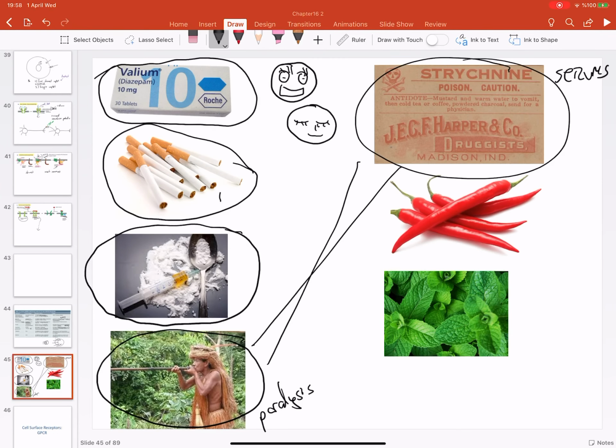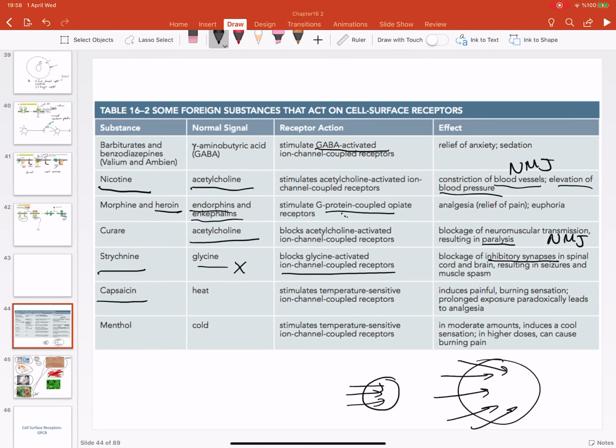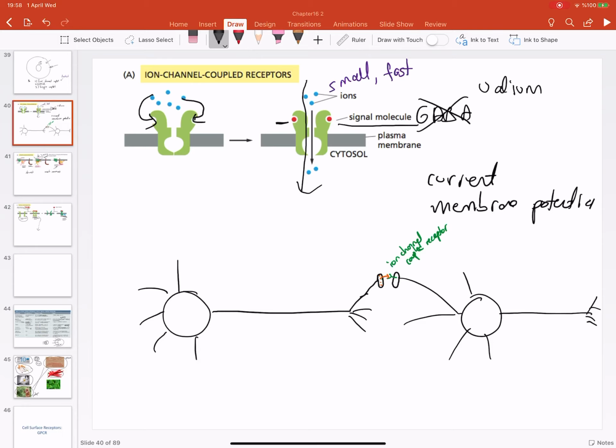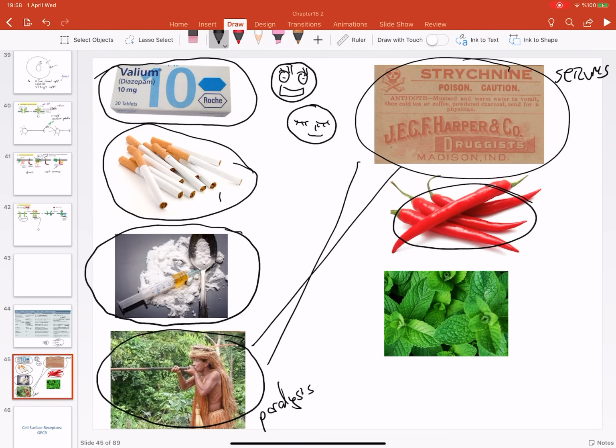Okay, and there are two other things. I love both of them. One of them is hot pepper. It contains capsaicin, and capsaicin is actually mimicking heat. So it is not mimicking a chemical, it mimics high temperature. There are ion channel coupled receptors in our body that are not activated by chemicals. They are not changing shape with a ligand, but they are changing shape with high temperature. So when you use capsaicin, you can activate these temperature gated channels.